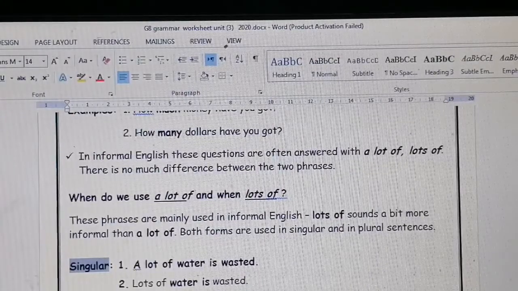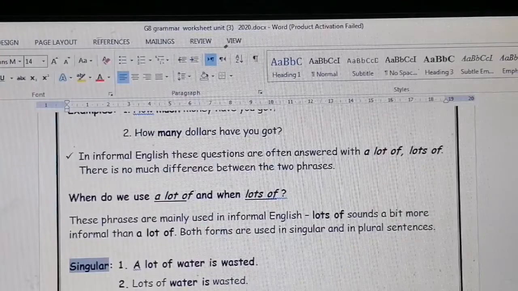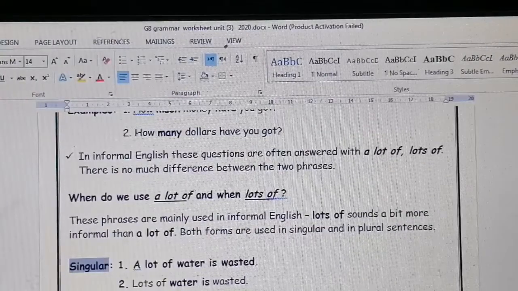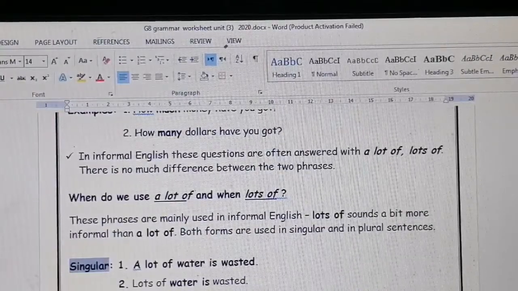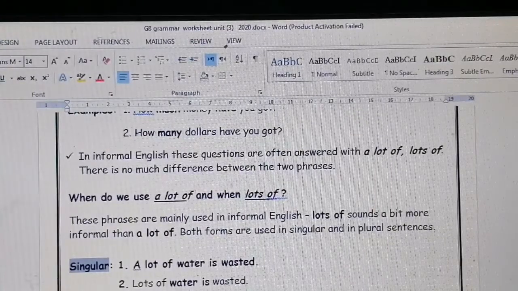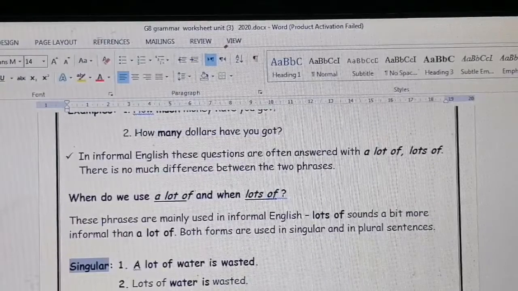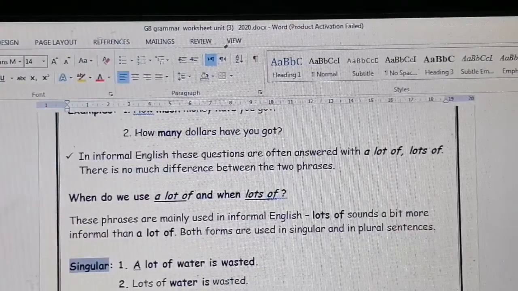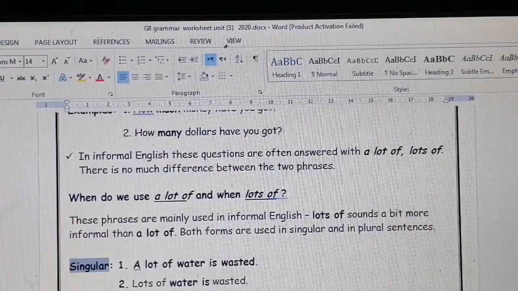There is no big difference between the two phrases, okay? When do we use a lot of and when lots of? These phrases are mainly used in informal English. Lots of sounds a bit more informal than a lot of.